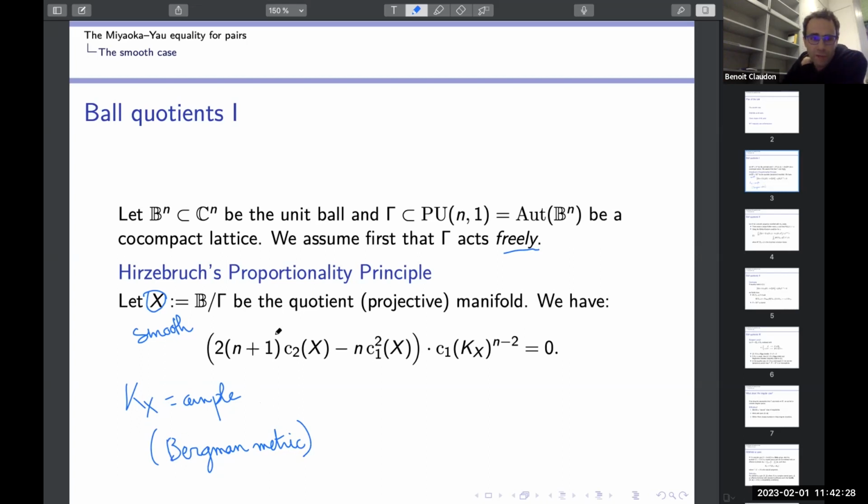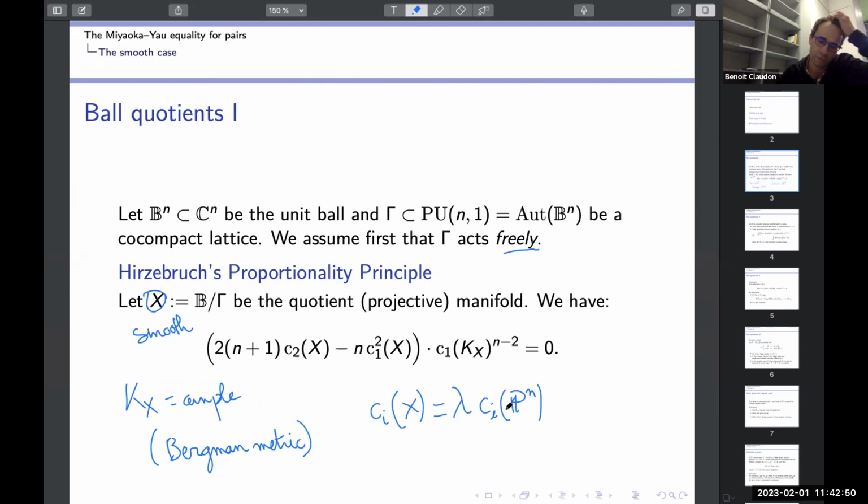And we have the Hirzebruch proportionality principle that says that essentially the Chern classes of X are the same, up to a constant that does not depend on i, as those of the compact dual of the ball, that is the projective space.